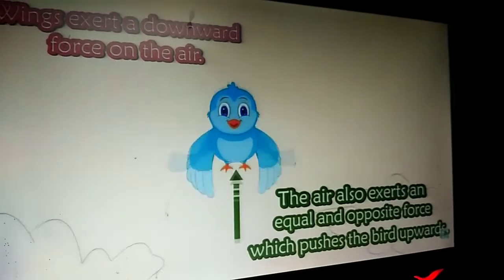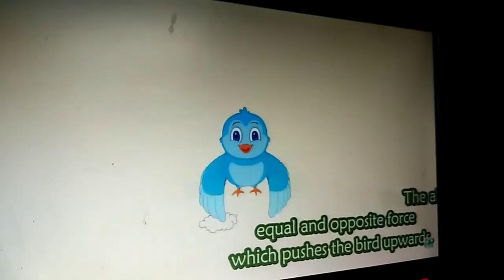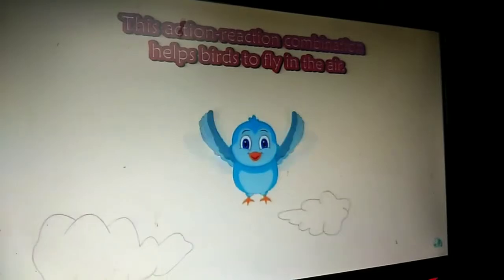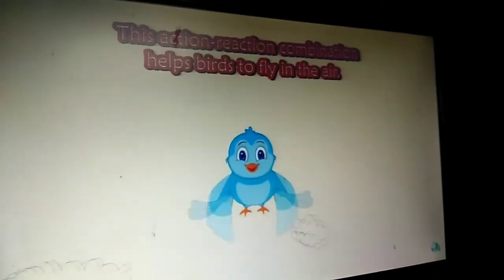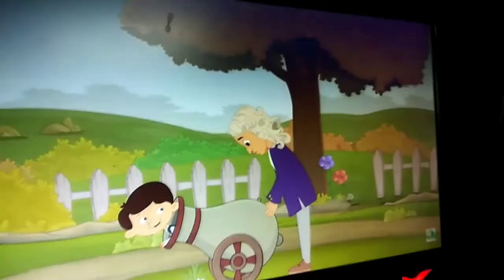See how the bird's wings are exerting a downward force, and in opposite direction the air pushes the body of the bird. So action and reaction forces are equal.